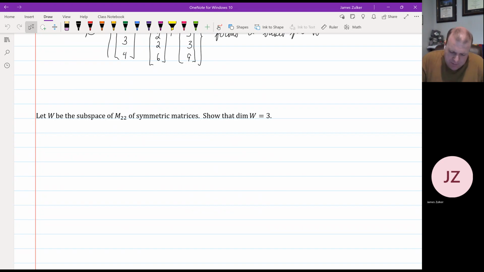All right, so let W be the subspace of M22 that contains symmetric matrices. We want to show that the dimension is 3. So remember, to show the dimension is 3, we need to show that its basis contains 3 vectors.